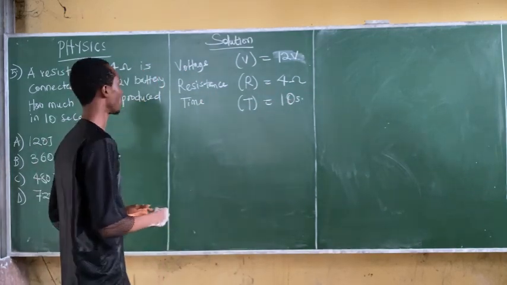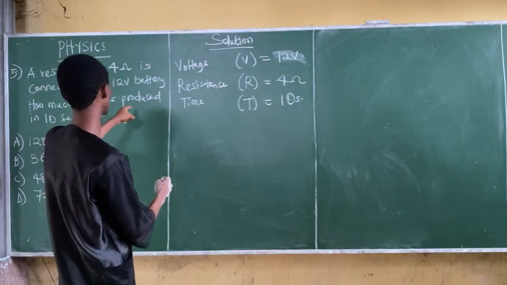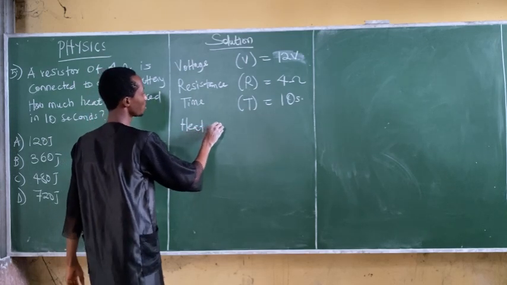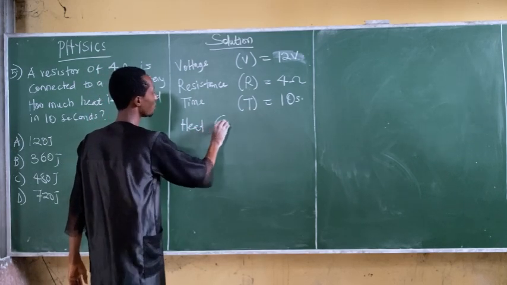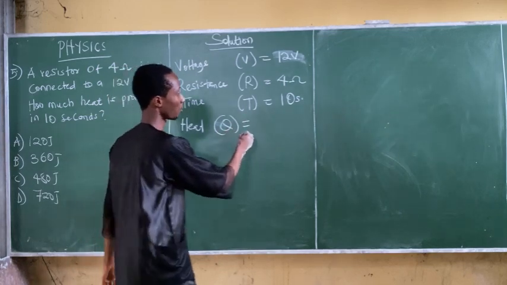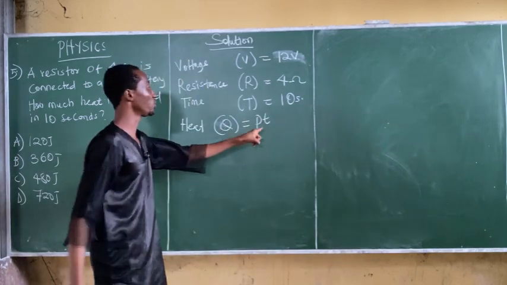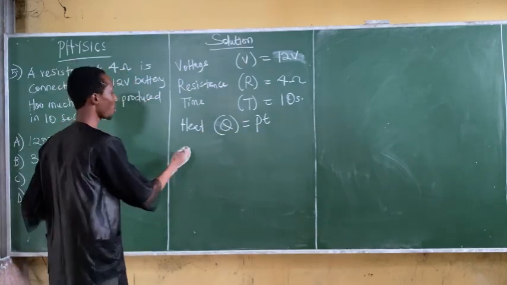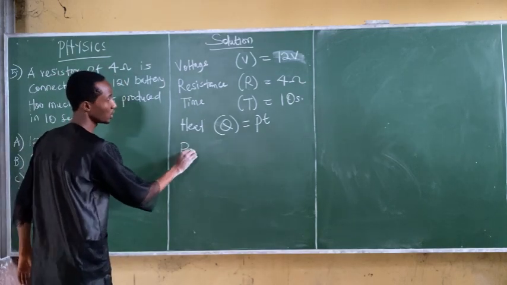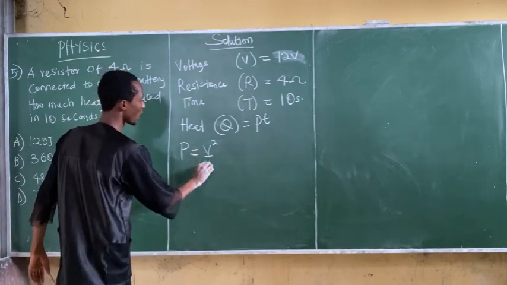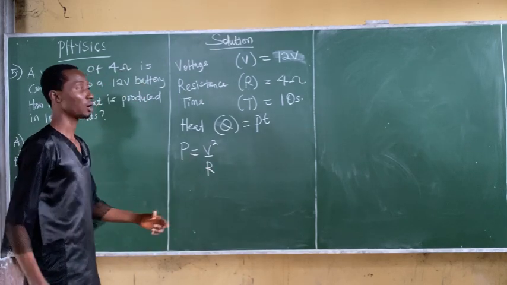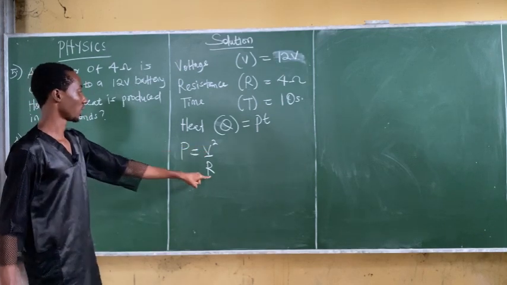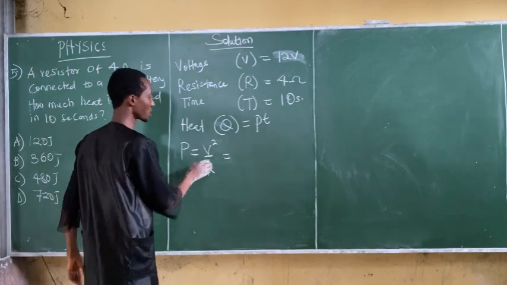Now recall that they say we should find the heat produced. Heat produced is denoted with the letter Q, and it is given by the formula PT, where P is the power and T is the time. But recall that the formula for power for electric charge, P, is V squared over R, where V is the voltage and R is the resistance.